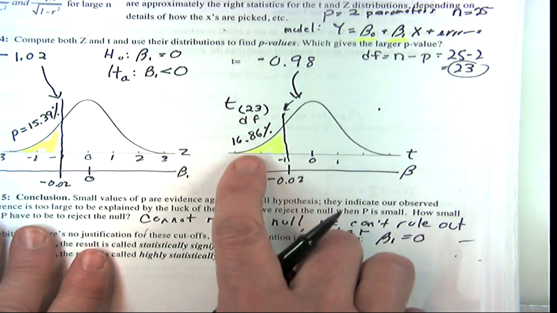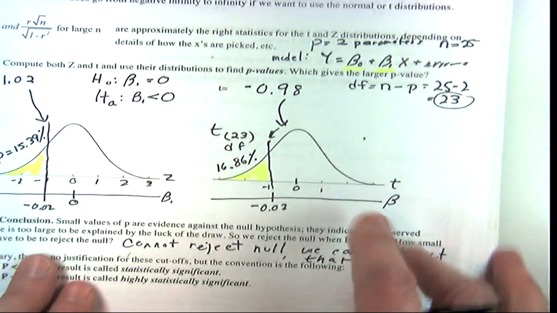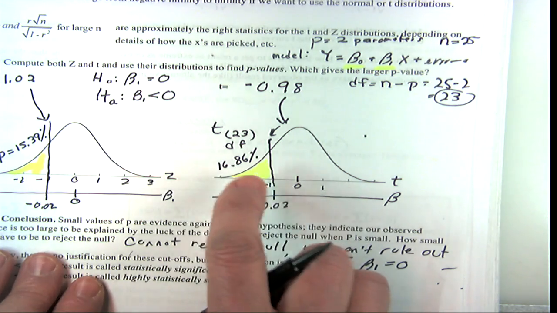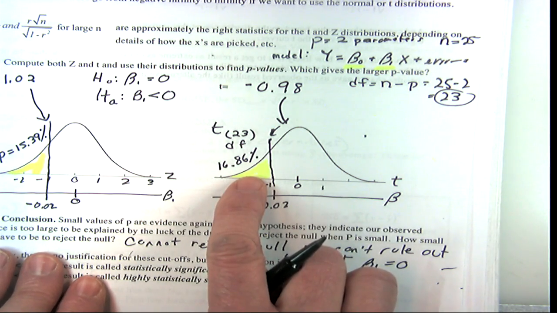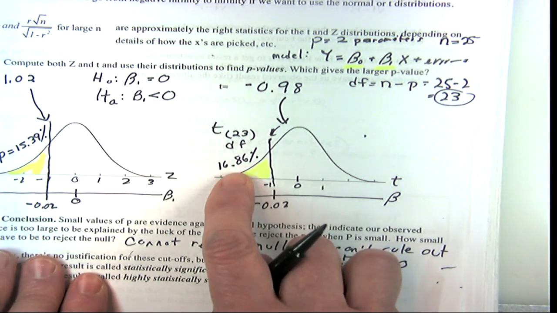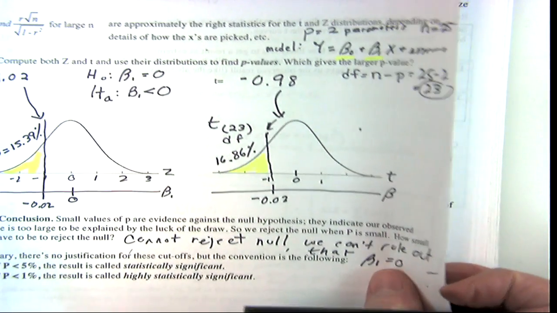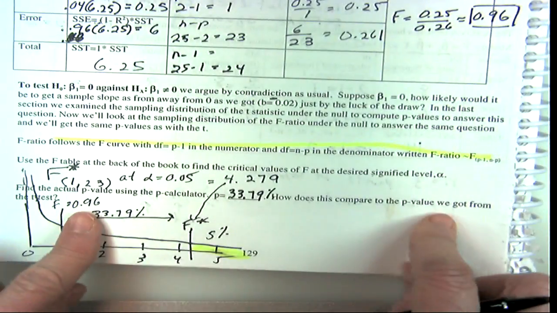But what we got was equivalent to a two-sided one. So our F statistic, the p-value, is twice that. So let's write that down. We're going to do this all on the next page. I'll show you. But for now, let's just write down, how does it compare?